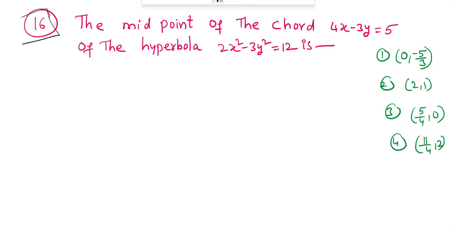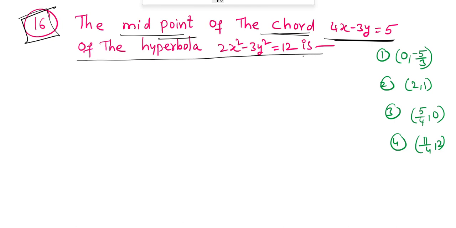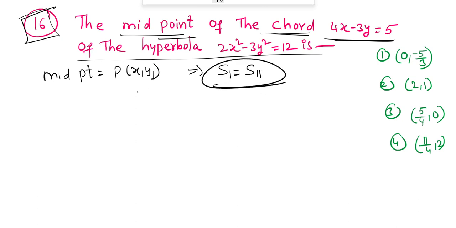This is the 16th question. The midpoint of the chord 4x minus 3y is equal to 5 of the hyperbola 2x square minus 3y square is equal to 12 is dash. Suppose we take the midpoint as P(x1, y1). If P(x1, y1) is the midpoint, then the equation of the chord is S1 is equal to S11. This is the formula.